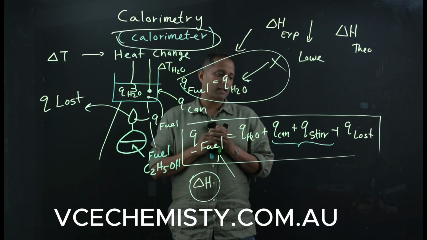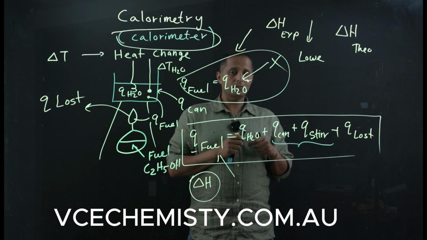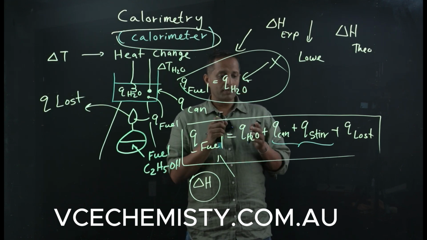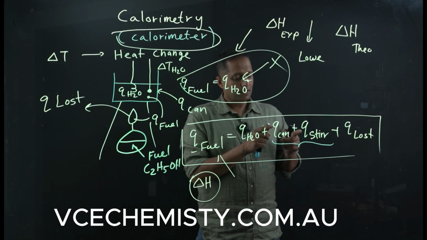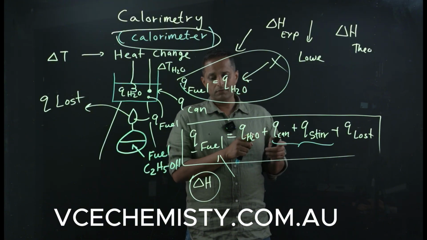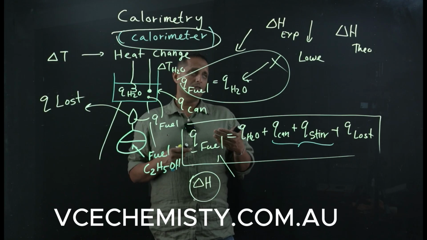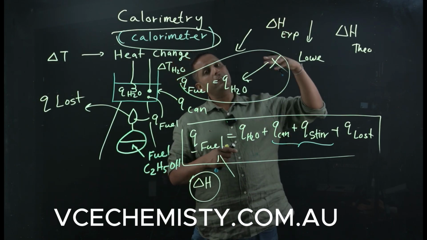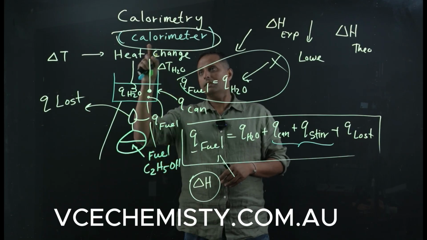Parts means the walls of the calorimeter or the components of the calorimeter. The stirrer is also one of the components. So we incorporate these heat absorption values into Q fuel. So you are going to get a more accurate Q fuel value, which in turn will help you to get an accurate delta H value. That is why we use a calorimeter.